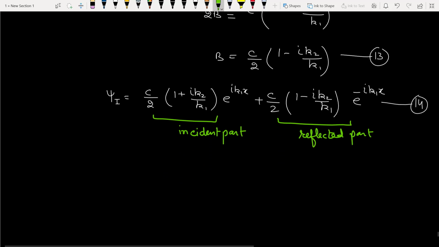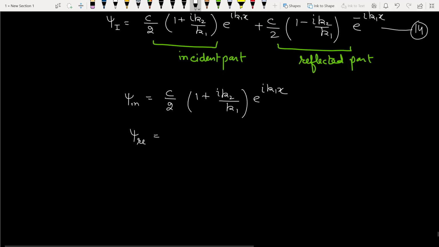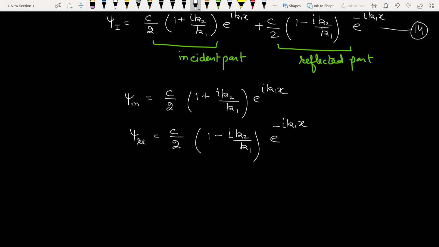And from this we write psi incident part as c by 2, 1 plus iota k2 upon k1 e raised to power iota k1x, and reflected part as psi RE, c by 2, 1 minus iota k2 upon k1 e raised to power minus iota k1x.